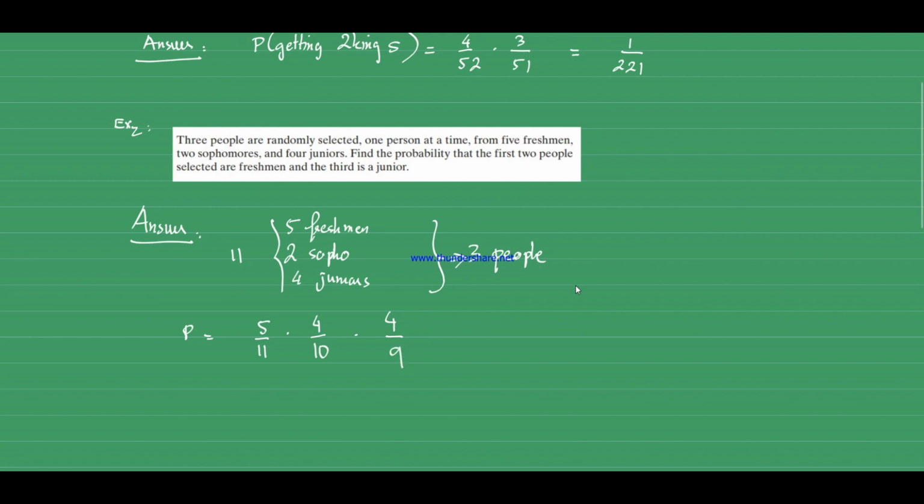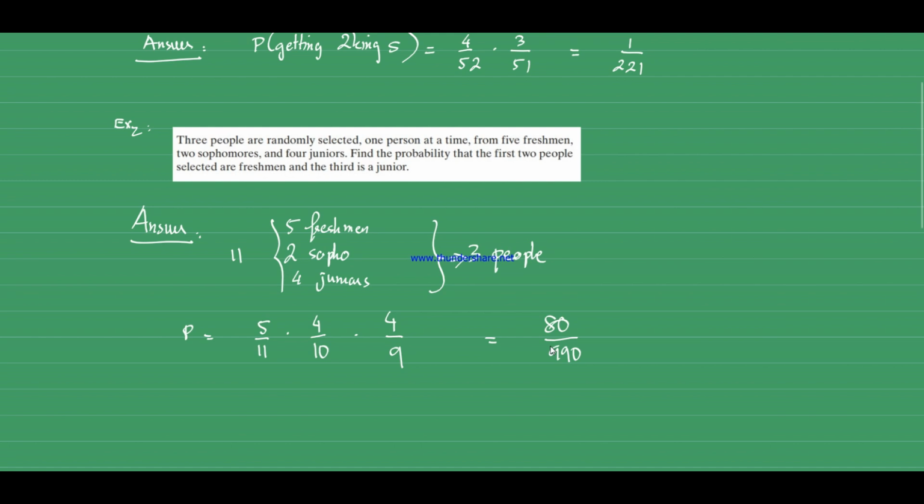So over here you're going to have 80 over 990, which is 90 times 11. Put it into the calculator, 990.